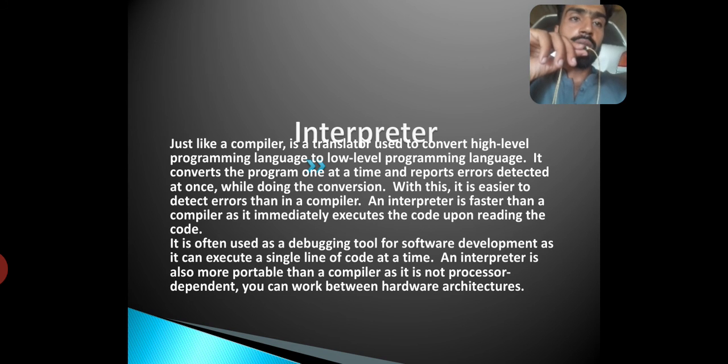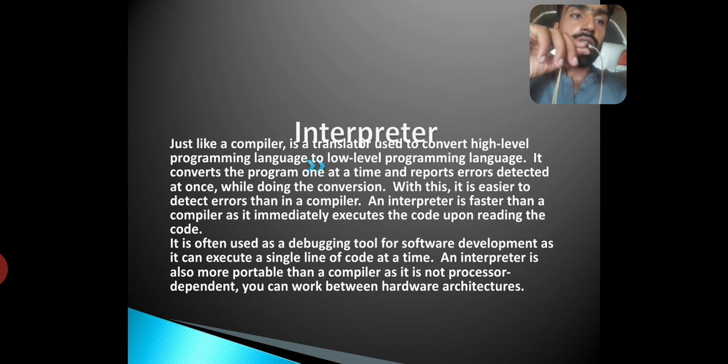Interpreter. Just like a compiler, an interpreter is a translator used to convert a high-level programming language to a low-level programming language. It converts the program one line at a time and reports errors detected at once. While doing the conversion, it is easier to detect errors than with a compiler.